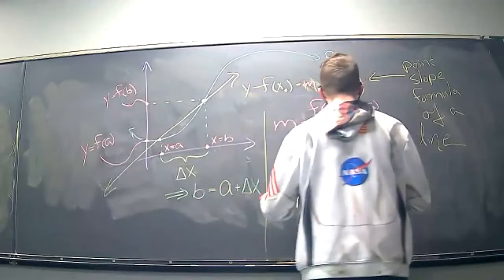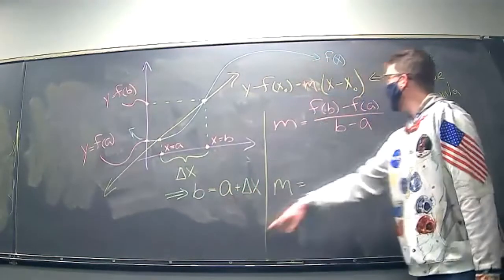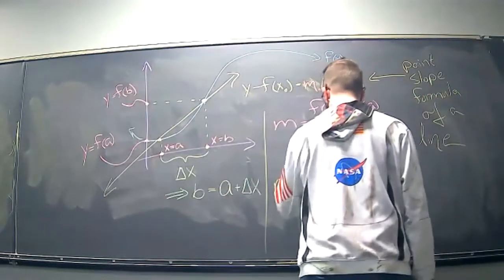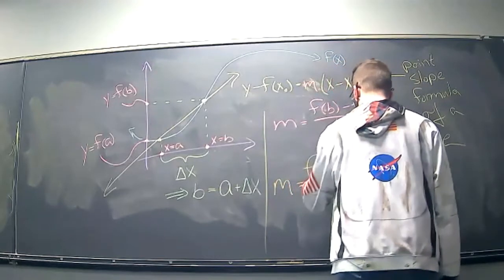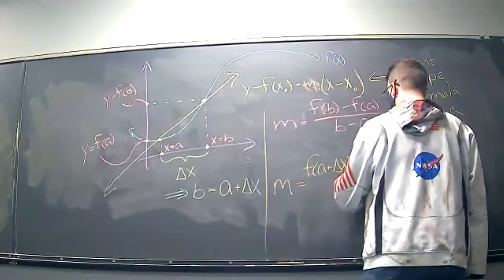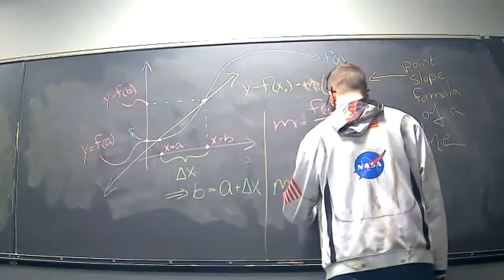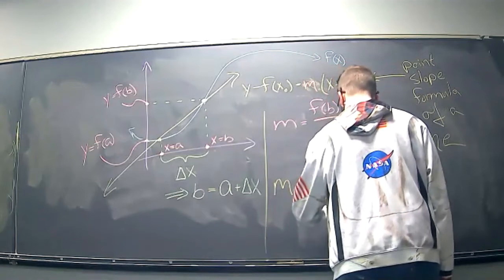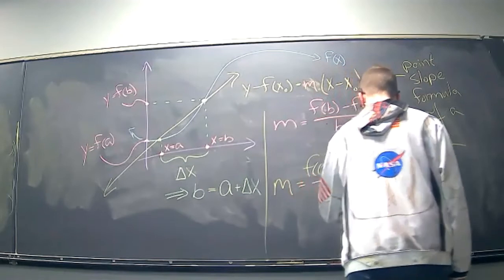All right, so knowing this, we can rewrite this formula. We can rewrite it as half of a plus delta x minus half of a, divided by a plus delta x minus a.